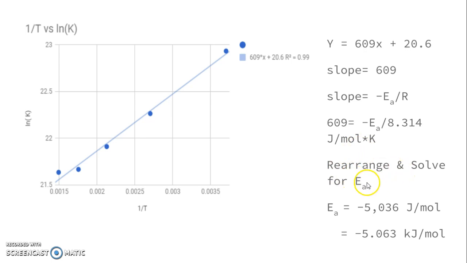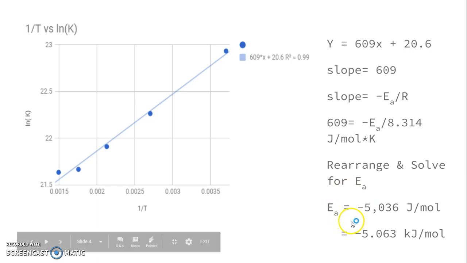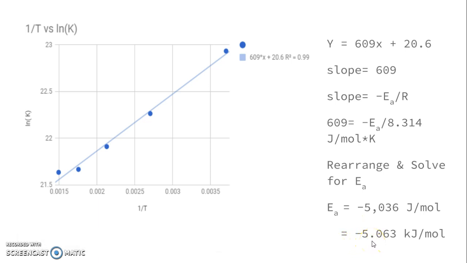We're going to rearrange that and solve for Ea. Then we get that Ea is going to equal negative 5,036 joules per mole, and that's going to equal negative 5.063 kilojoules per mole. So that's going to be our activation energy.